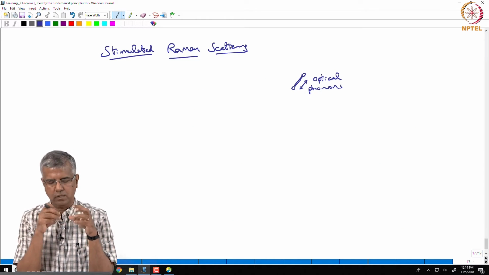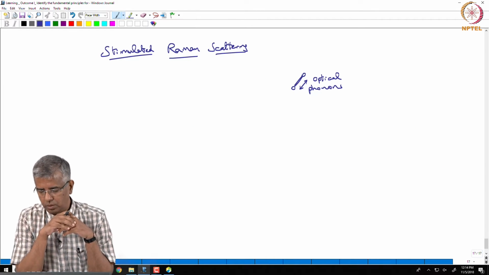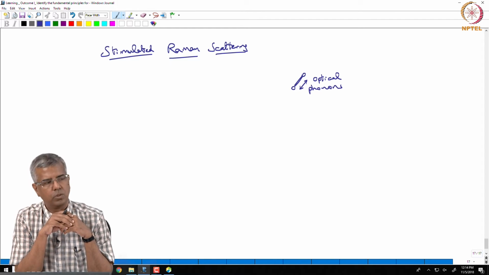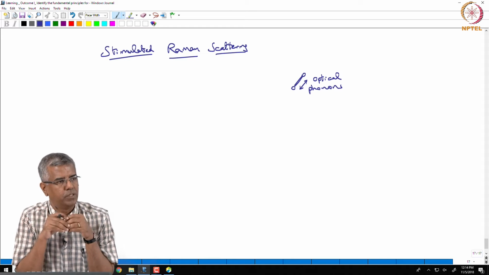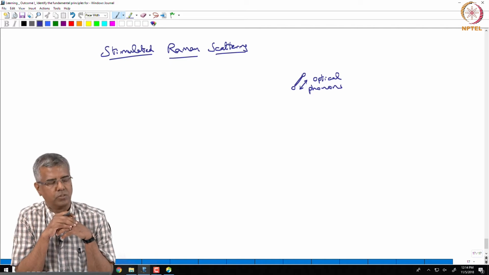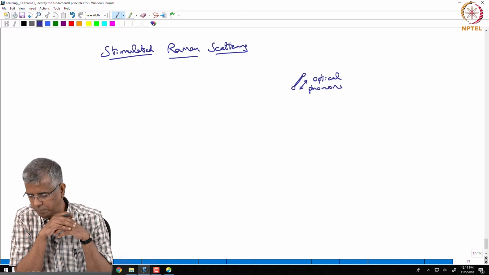Whereas if it corresponds to the vibration modes of a molecule, you have a much higher frequency at which this vibration happens. So, they are called optical phonons.